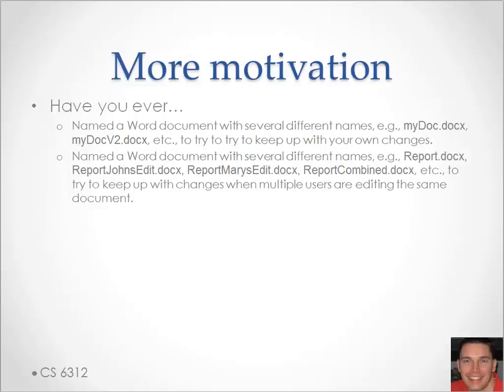Now, thinking about some more motivation here, as you're working on whether it's a report or even a software project, have you ever named a project or report with several different file names?